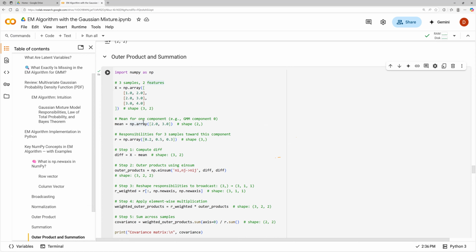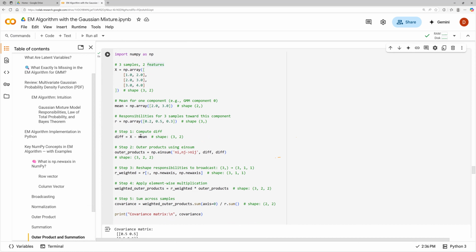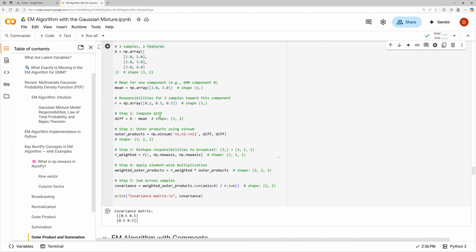After each iteration, the means will update, right? But we need starting points. Responsibilities for 3 samples towards this component. We've got this. The shape is here, right? It's one dimension, okay? If I do x minus mean here, we get 3, 2, right? It's going to be the same thing. Then we take the outer product, right? And it's going to be 3, 2, 2.